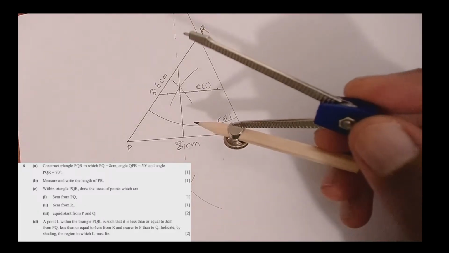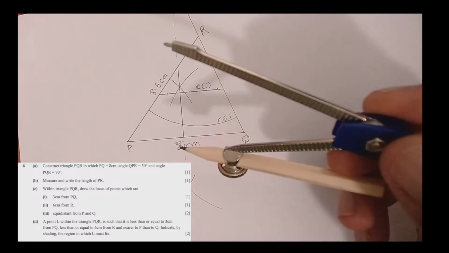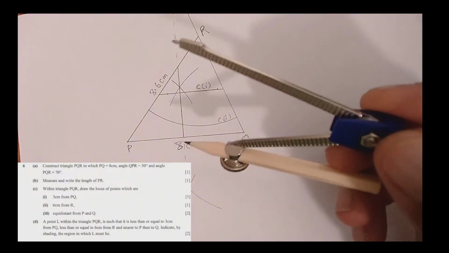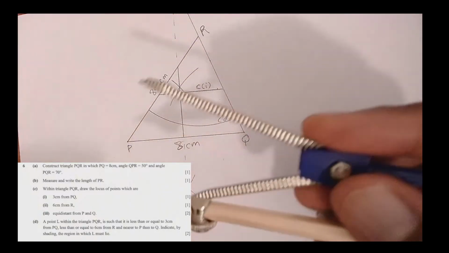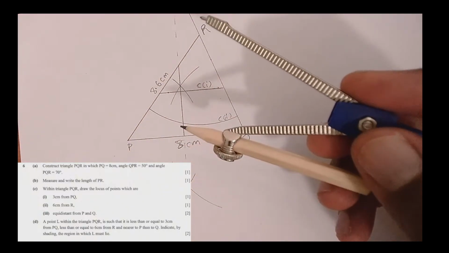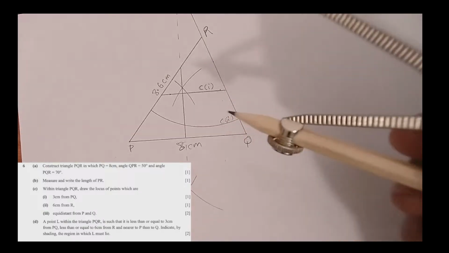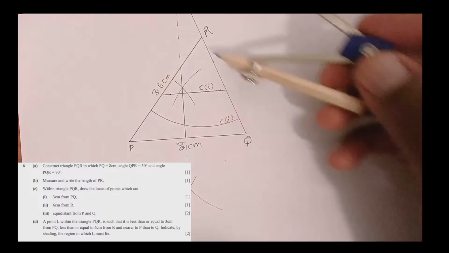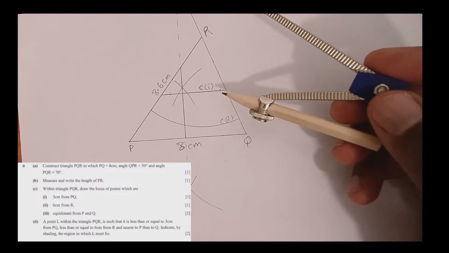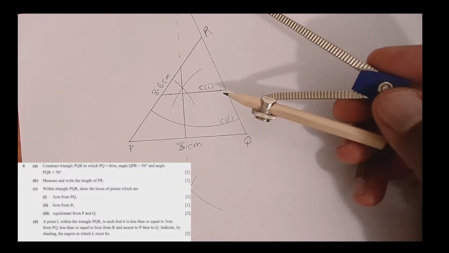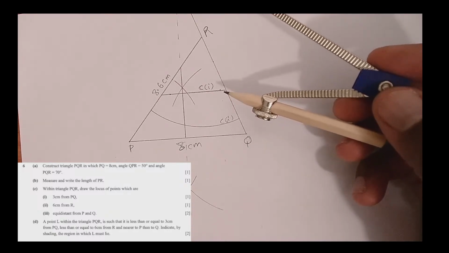So this says a point L, which is within the triangle PQR, is such that it is less than or equal to 3 centimeters from PQ.